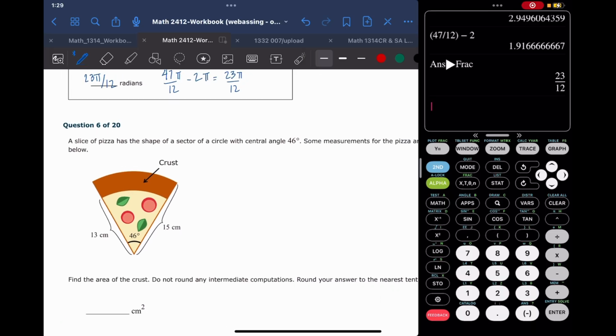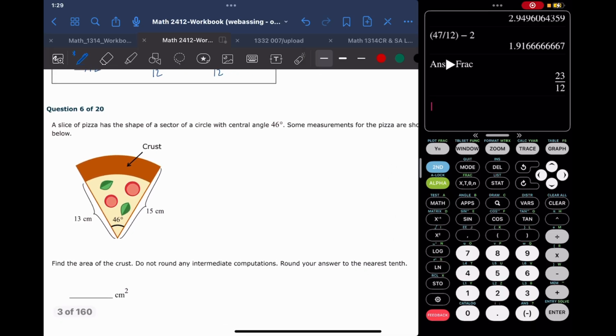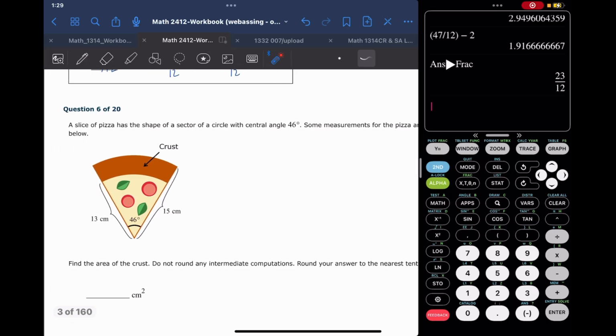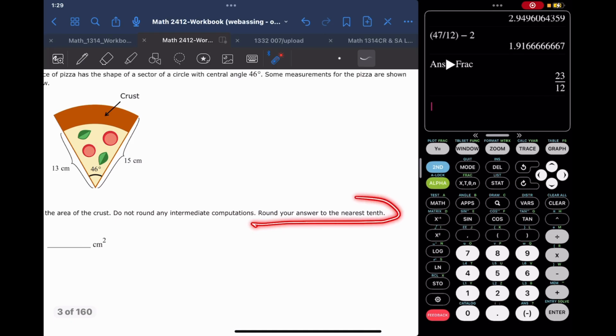Now, for number 6, a slice of pizza has the shape of a sector of a circle where the central angle is 46 degrees. Some measurements of the pizza are shown below. Find the area of the crust. Do not round any intermediate computations, round your answer to the nearest tenth.